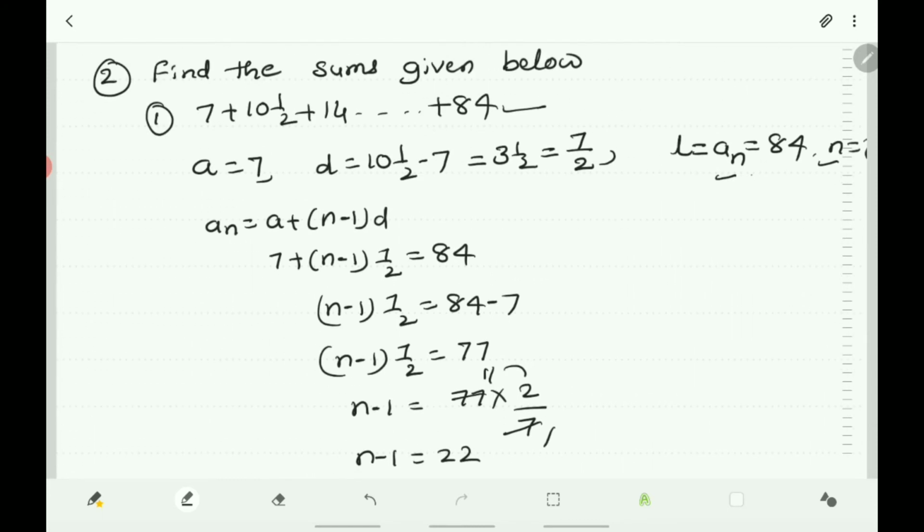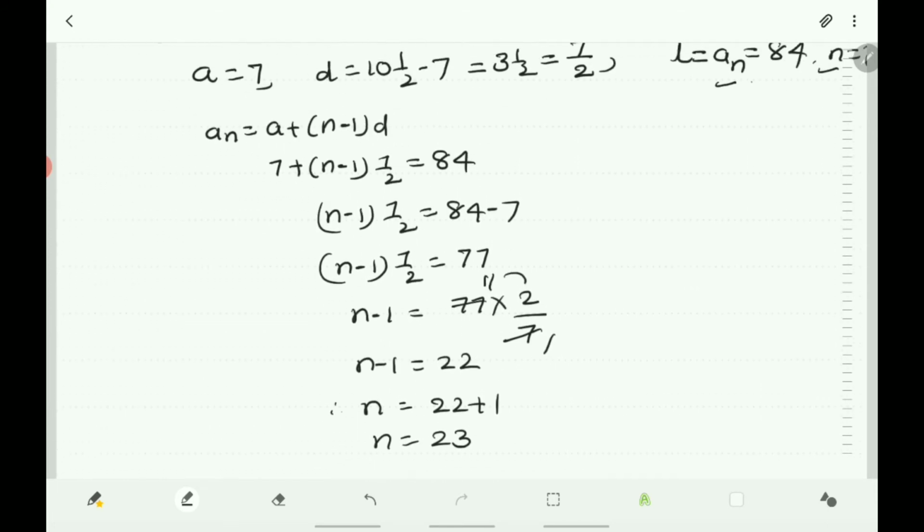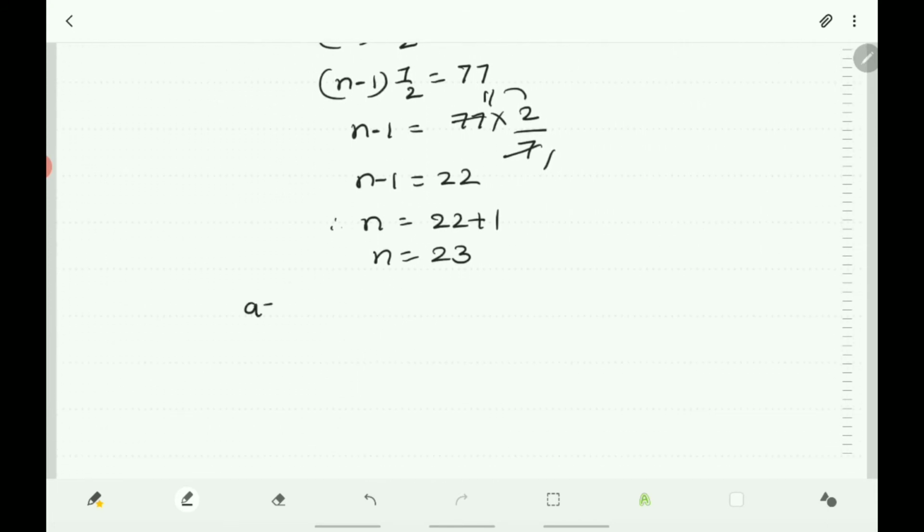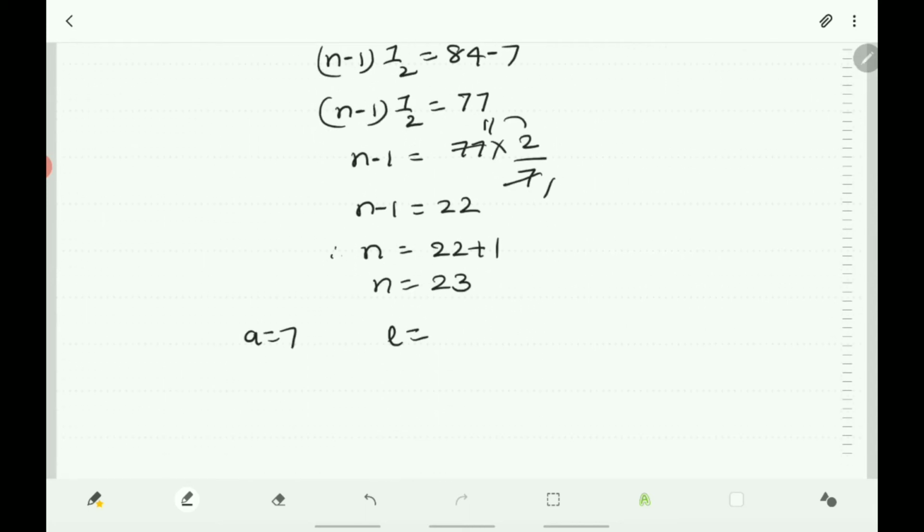Again here, what do you have to find out? The sum. So you got the value of A, that is A is 7, and L is the last term, that is 84, and N is equal to 23.